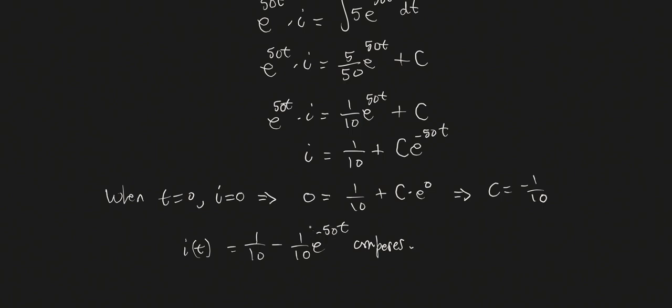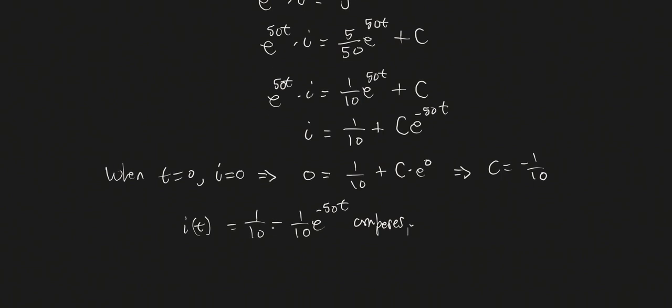So this component of the current decays very rapidly towards 0, and then we're left with this constant term. Now, again, we're not going to go deep into the electrical engineering, but I am now going to introduce a couple of terms and a way of classifying each term in your current based on what happens to that term as t gets very, very large.